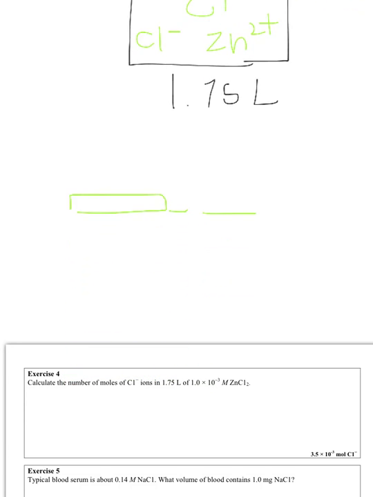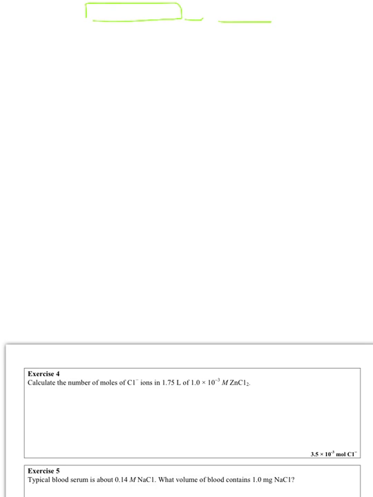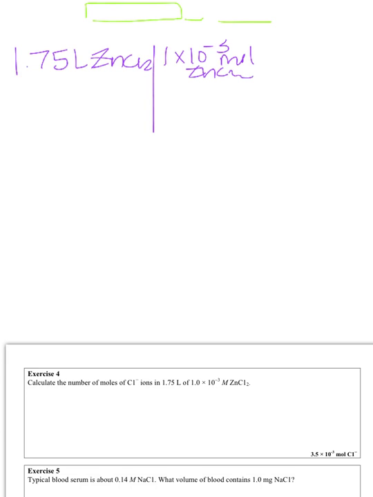So let's move this out of the way here, and let's start with our plan. Let's multiply 1.75 liters of zinc chloride times the concentration, 1 times 10 to the negative third moles of zinc chloride per liter of zinc chloride.